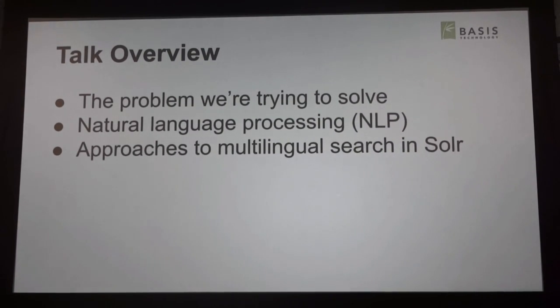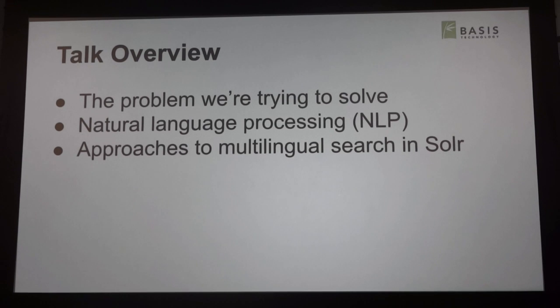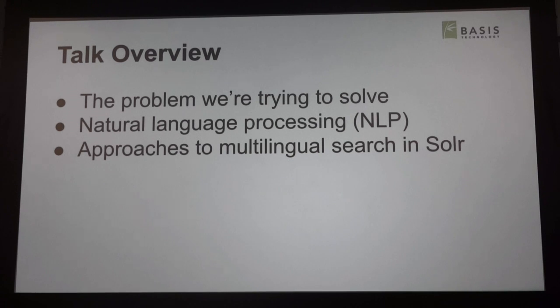We'll go into detail, certainly more detail than the last couple talks, about natural language processing. Natural language processing is crucial to search in general, even in the monolingual case. But especially in the multilingual case, it becomes even more important. And then finally we'll talk about approaches to multilingual search in Solr.